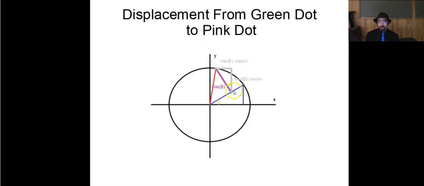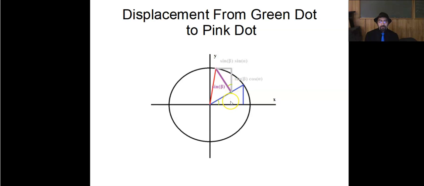Now we want to know, how do I get from the green dot to the pink dot? We've got our directions to go from the origin to the green dot. Now the next thing we need to notice is that if this angle down here is alpha, then this angle here must also be alpha.